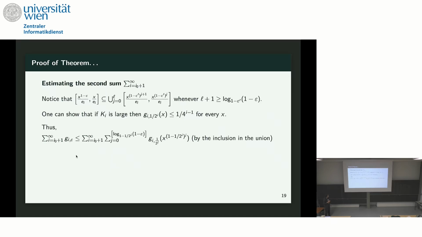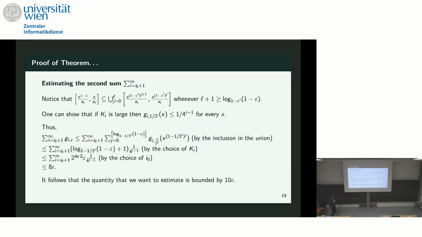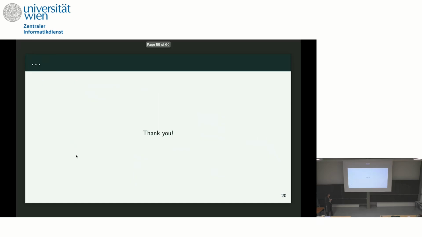This first inequality is just by this inclusion of this interval in this union. We use this estimate that follows by the choice of large Ki's. Then we get another estimate which follows by the choice of correct I0. And when you sum this up, you will get 8 epsilon. So what we wanted to estimate is actually bounded by 10 epsilon. And now when epsilon goes to 0, 10 epsilon goes to 0, and we are happy. So thank you very much.